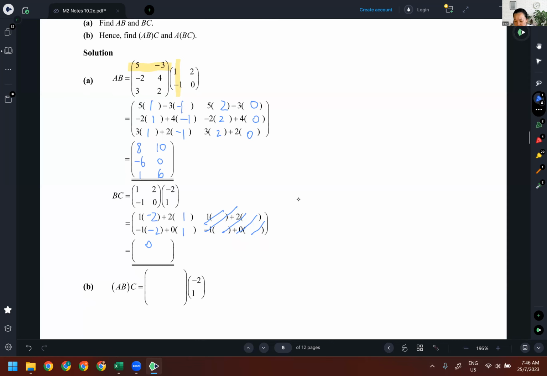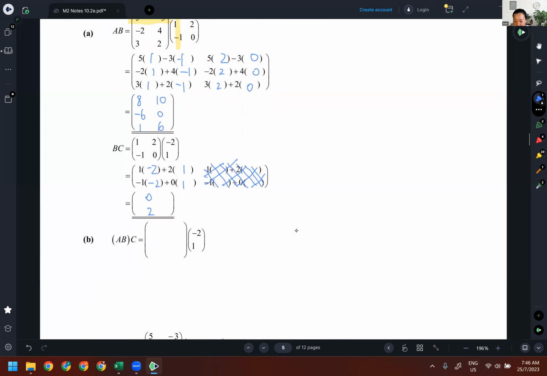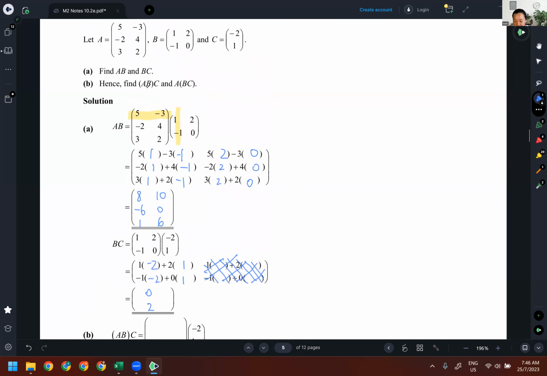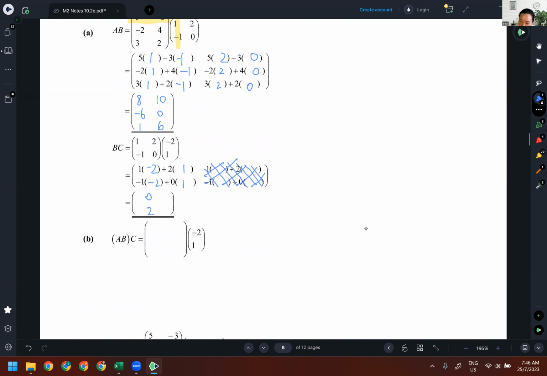So this one is 0, 2. Okay. Sorry, I messed up with the size. It shouldn't have the second column. It's just one column. Now let's do A, B, and C. So you use the result of AB, and then multiply C. So the result of AB: 8, -6, 1, 10, 0, 6.